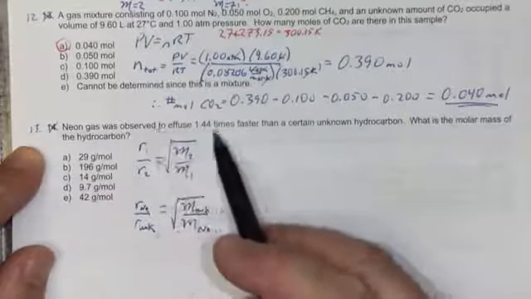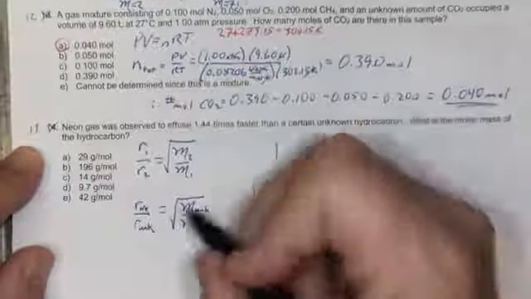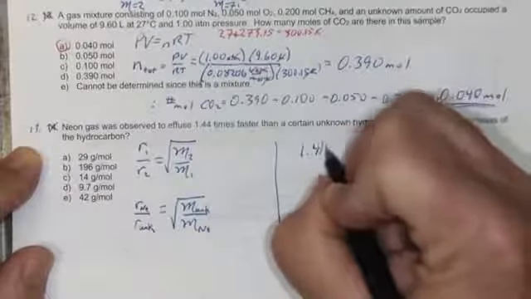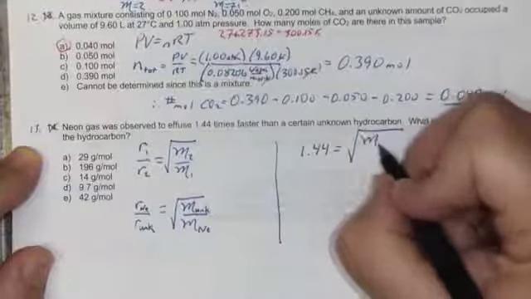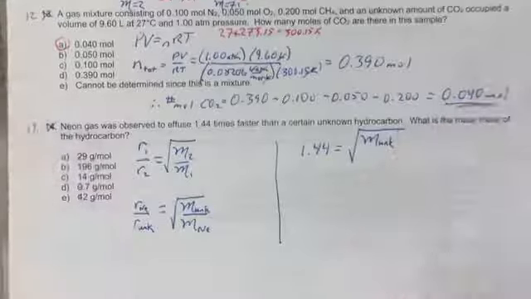So neon effuses 1.44 times faster than the unknown. So this tells us the rate of effusion of neon divided by the rate of effusion of the unknown is 1.44. That's equal to the square root of the molar mass of the unknown divided by the molar mass of neon.